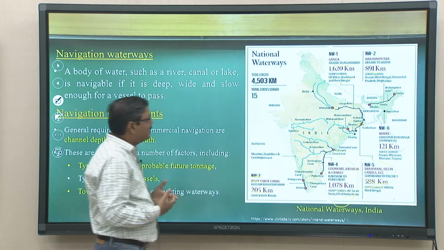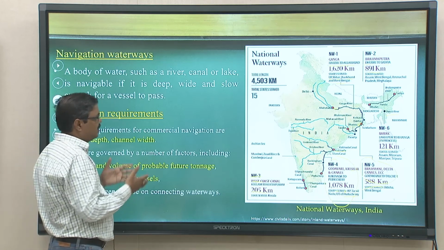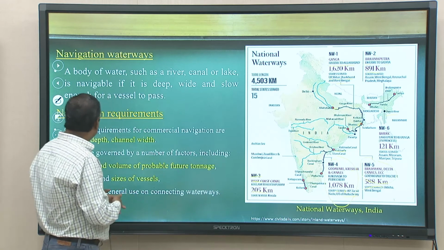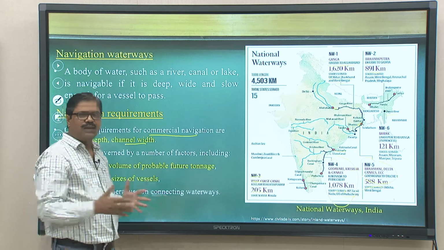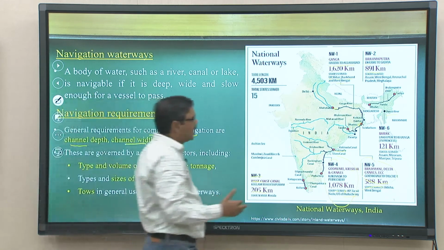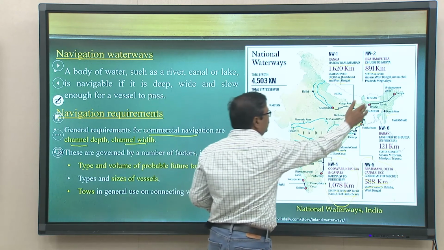Okay. So, let me talk about the context. To navigate the river and to have enough water to maintain it as a national waterway for commercial navigation of goods from one point to other points, for example from Haldia to Allahabad, we need to have sufficient channel depth and channel width, in such a way that vessels can start from Haldia and go to Allahabad, or start from Dhubri and go to Sadia.